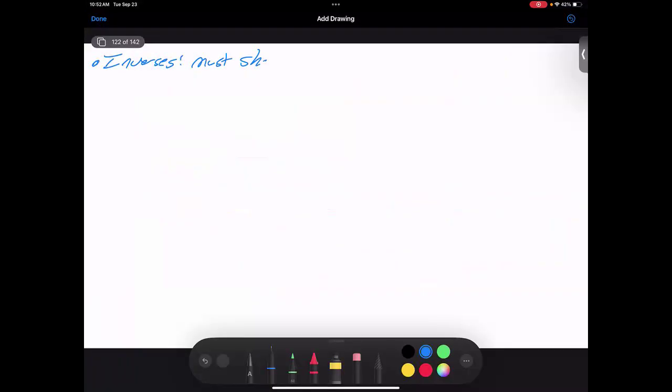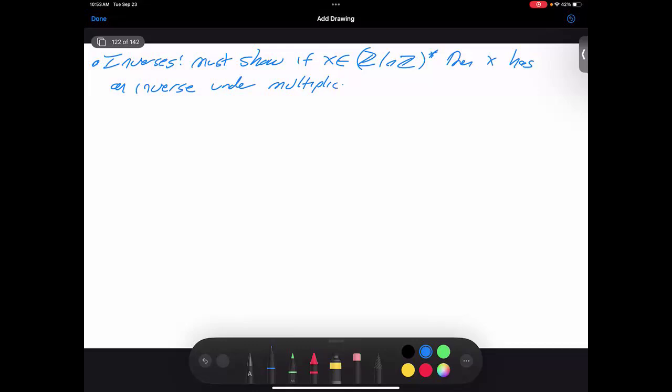We must show that if x is in Z mod n star, then x has an inverse under multiplication mod n. So we need to find an element x inverse such that x inverse times x is congruent to 1 mod n.